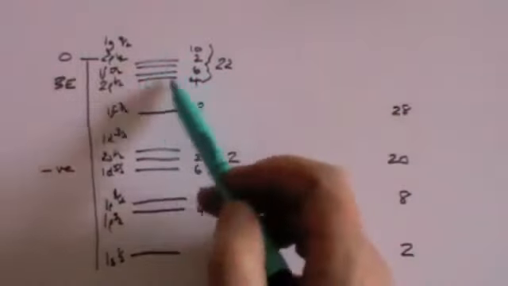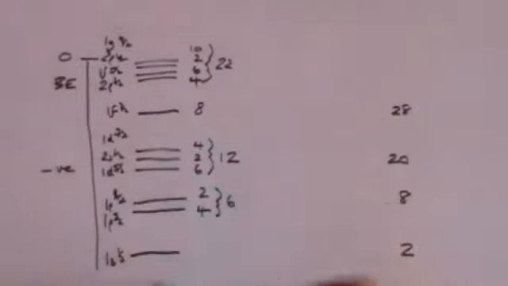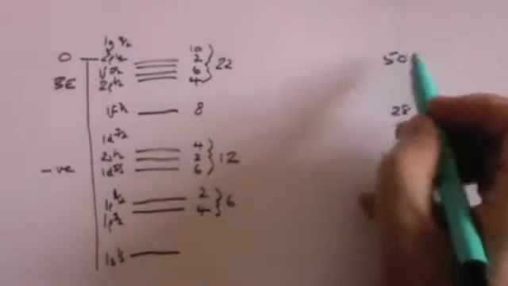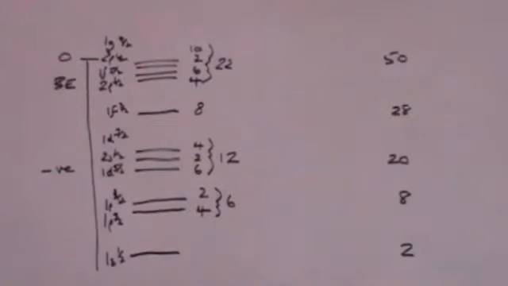And if all those are full, on top of all these being full, then you get a total of 50 nucleons in all. Now I won't go any further, but you can see what's happened. We have now found the magic numbers, which I related earlier: 2, 8, 20, 28 and 50.